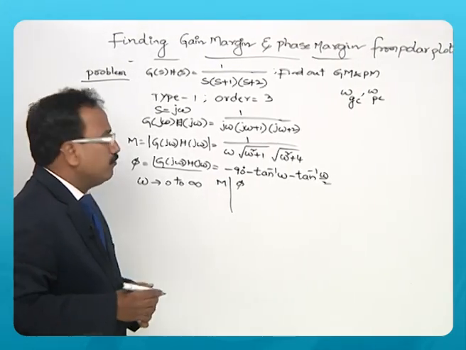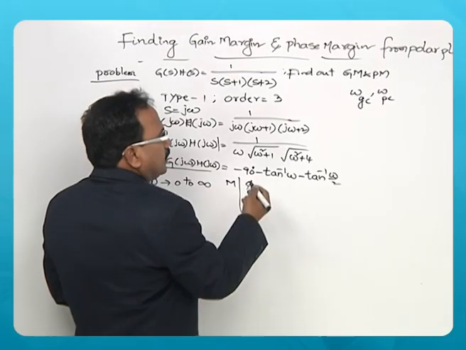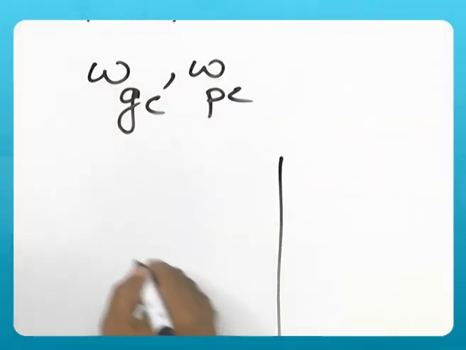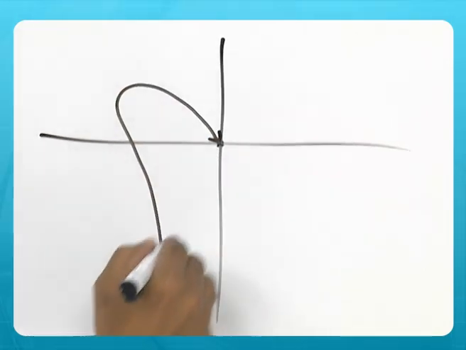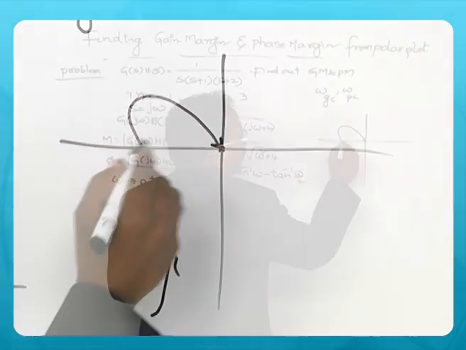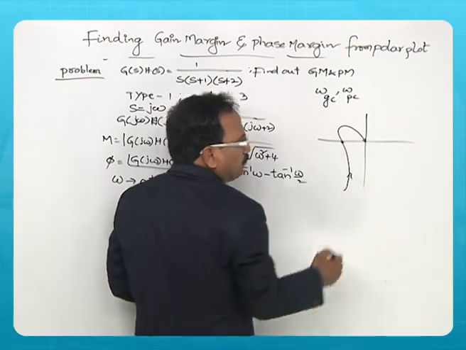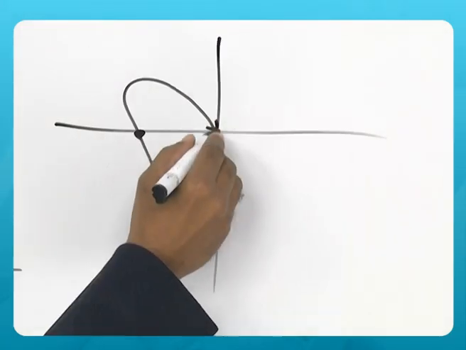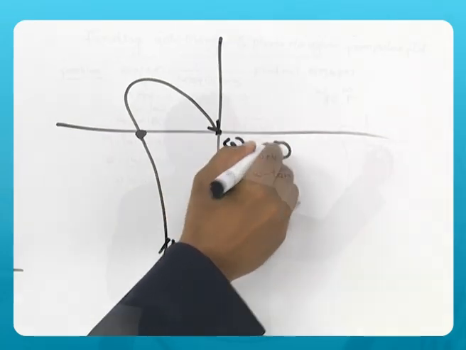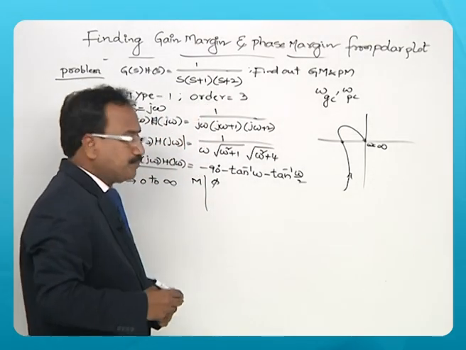So, for this, as you know that it is a type 1 and order 3 system, the plot is like this. For a type 1 system and order 3 system it ends at the origin for omega infinity.